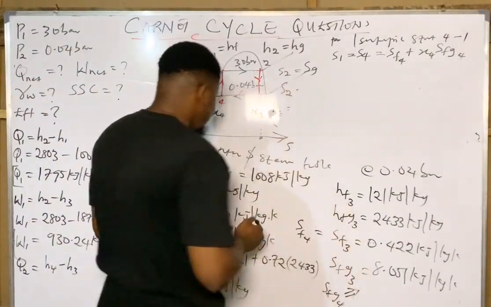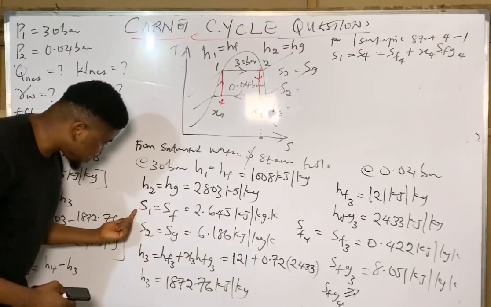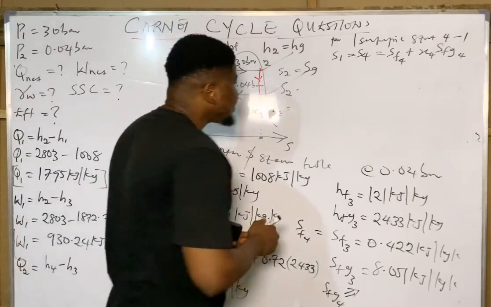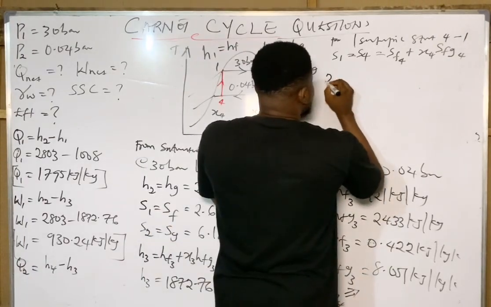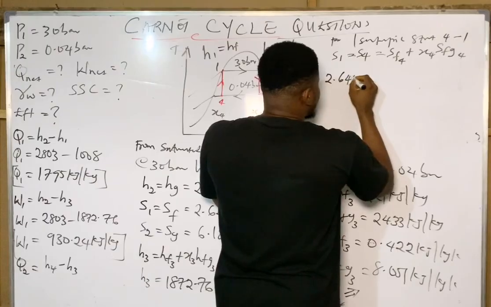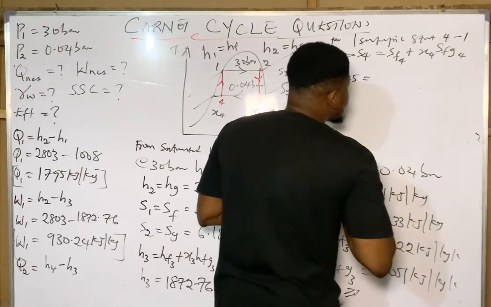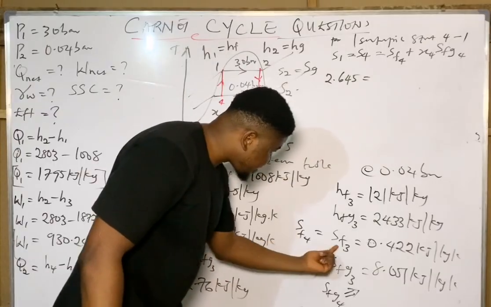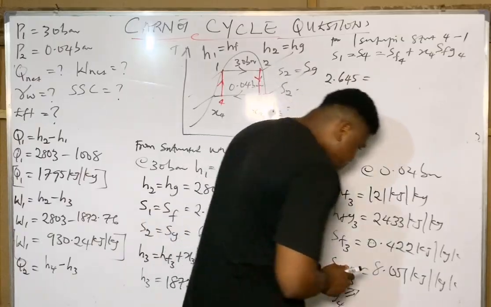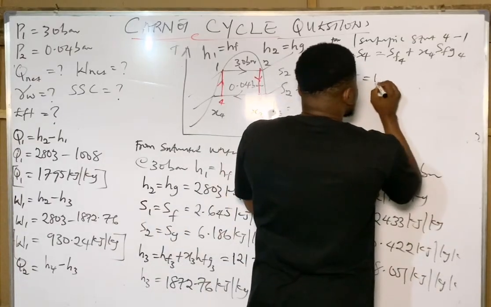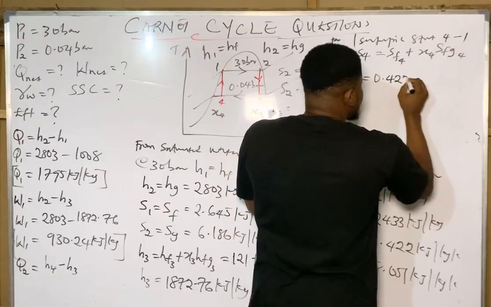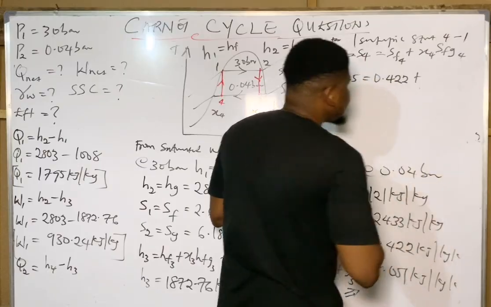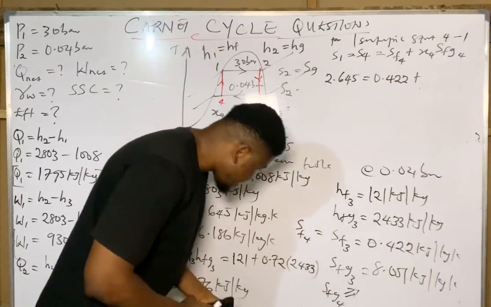Alright, we have the value of S1 already. S1 is SF at 30 bar and the value is 2.645. So you come here and plug it in: 2.645 is equal to SF4. SF4 is SF3, which is 0.422. So you have 0.422 plus X4 multiply SFG4.